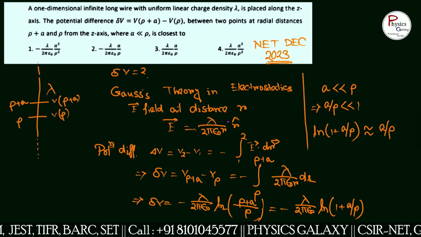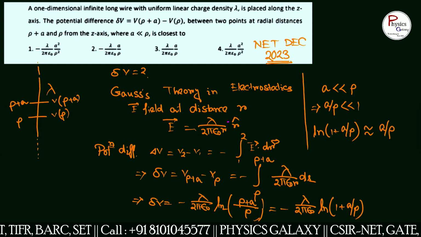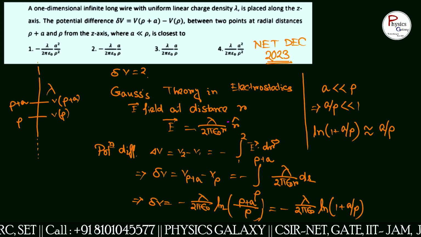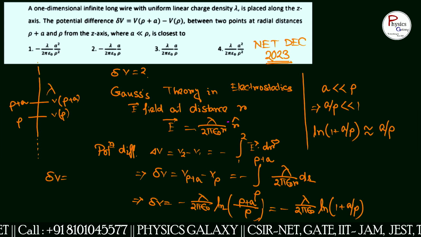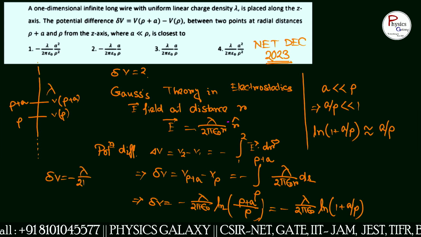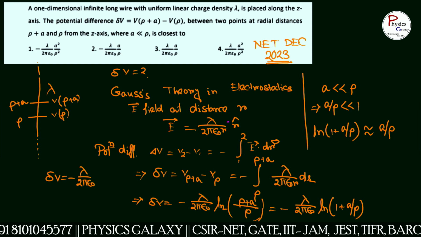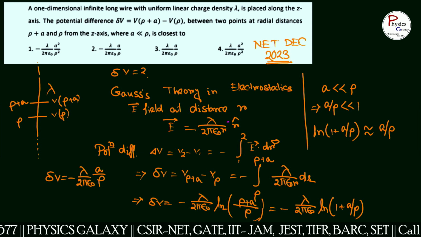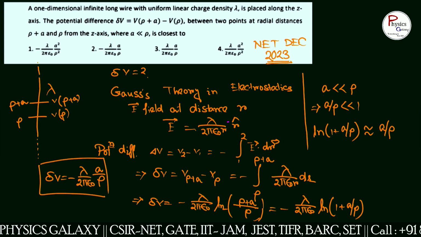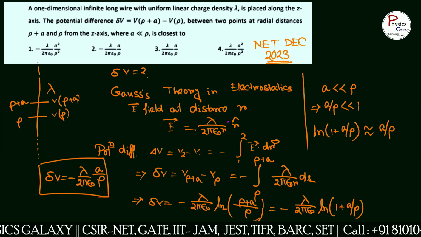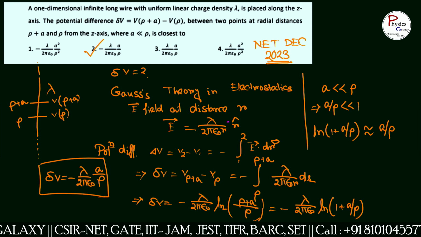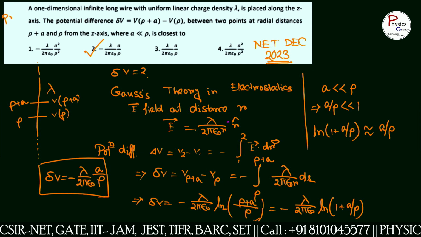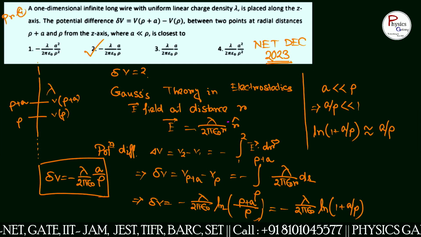So the final answer will be delta V equals to minus lambda by 2 pi epsilon 0 into a by rho, which was the final answer. So here it matches option 2. This was problem 3. Problem 4.